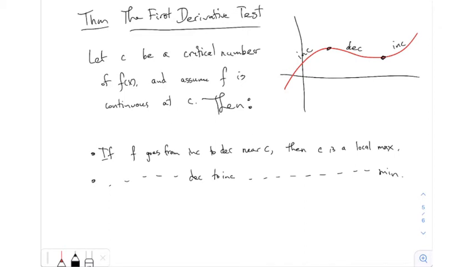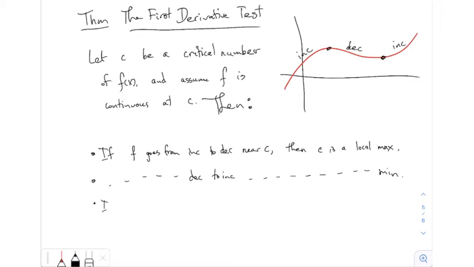On this picture, that's what happens right here. It's decreasing, and then you hit that point, and then it increases again. That means that point must be like the bottom of the hill, so it's a local minimum. And there's one other case. It could go increasing and then increasing again, or it could go decreasing and then decreasing again. And in that case, the point is not a local minimum or maximum.